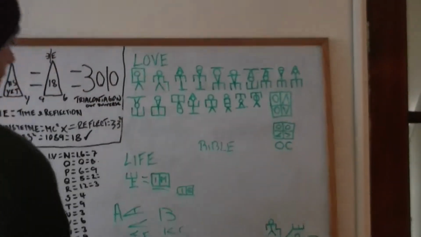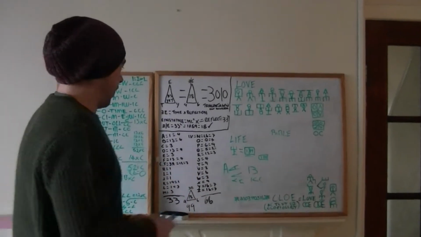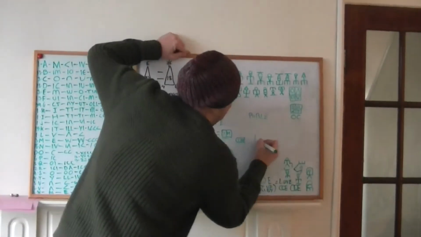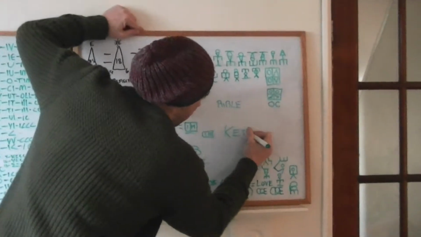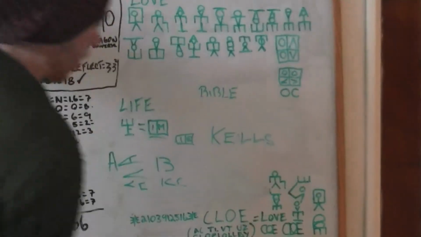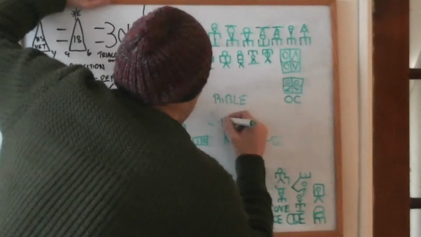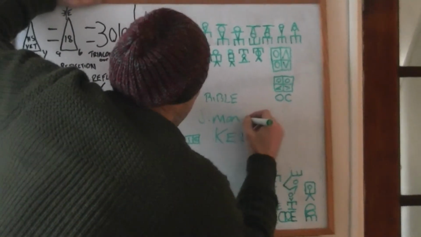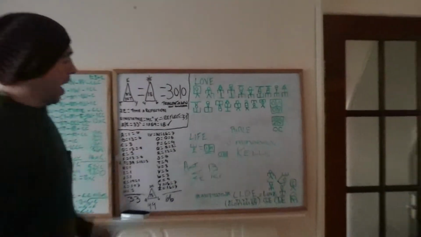So, Derwent Edge. I don't know if people here have heard of Derwent Edge. It's a walking place in England. And there you will find written on the rocks Kells, and then above it, J Monaghan, and there's a sign there.